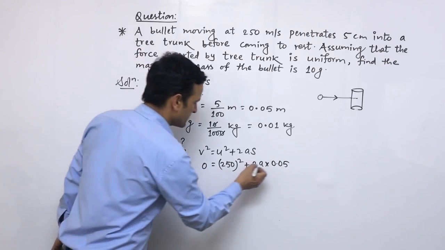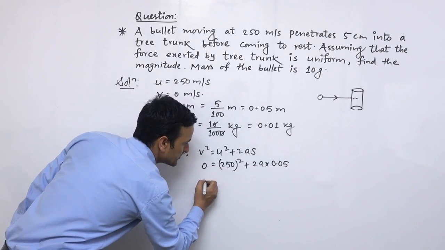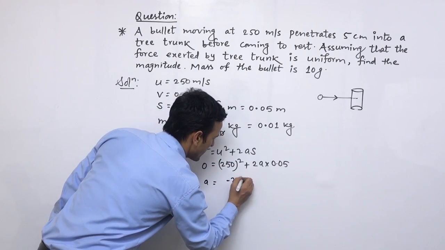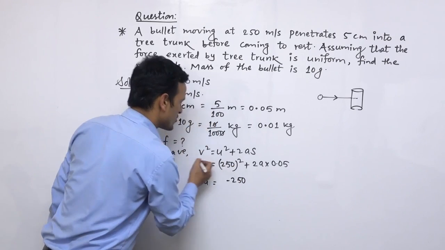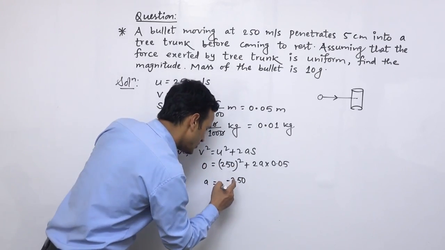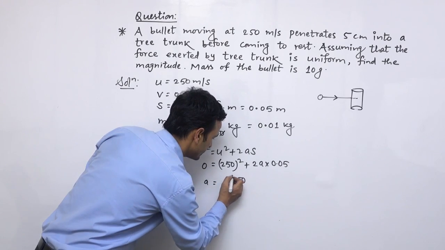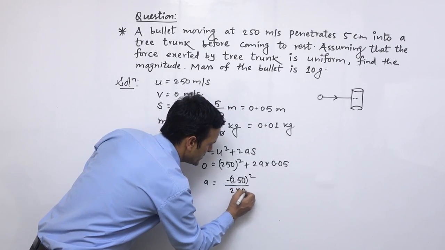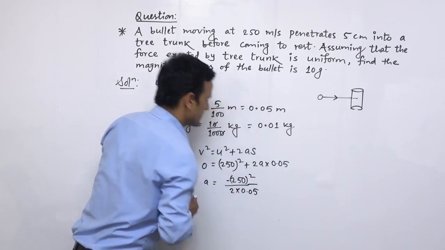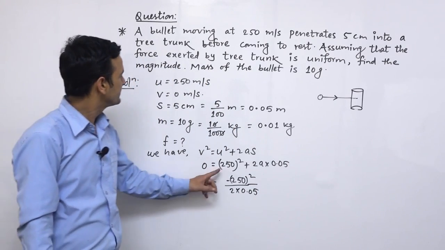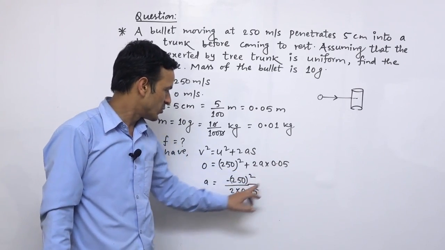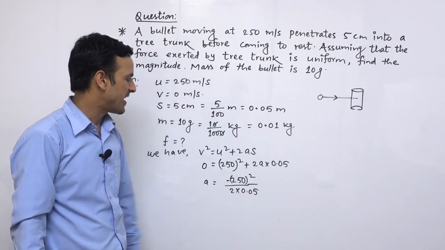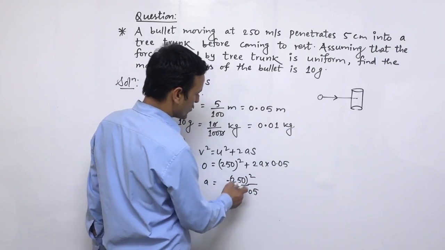So find out the value of this A. A is equal to minus 250 whole square divided by 2 into 0.05. So we can find out the value of this over here.